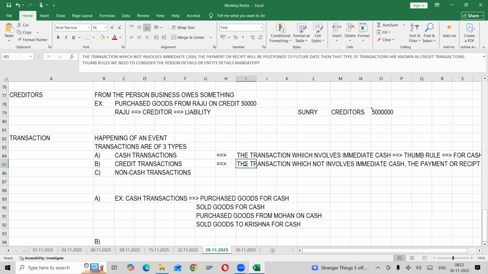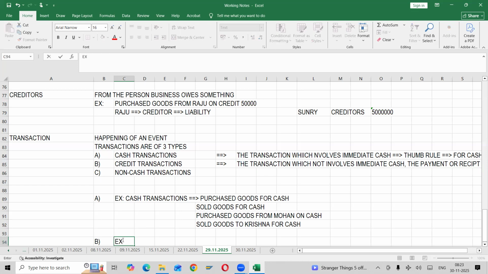Clear, everyone? So for example, I'll take the same example, credit transactions. So here, purchased goods from Mohan on credit.